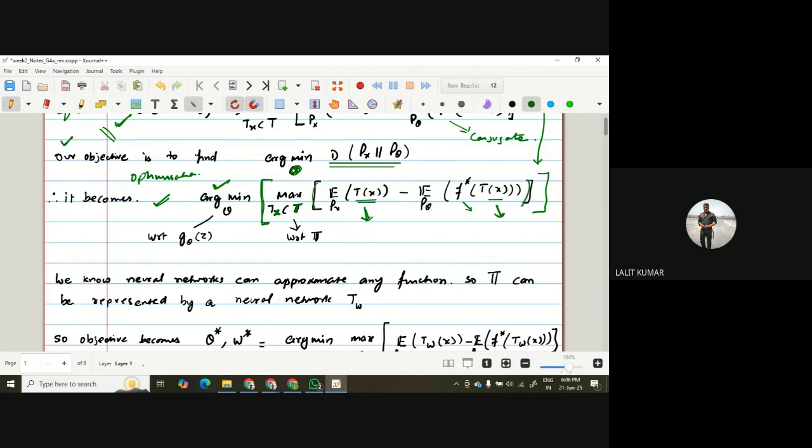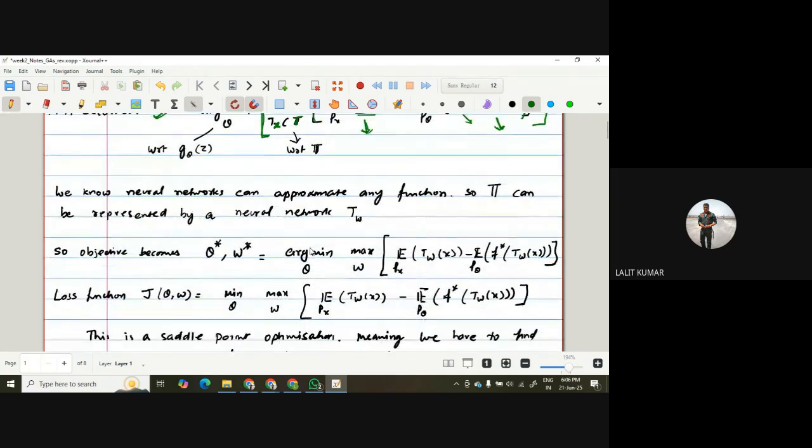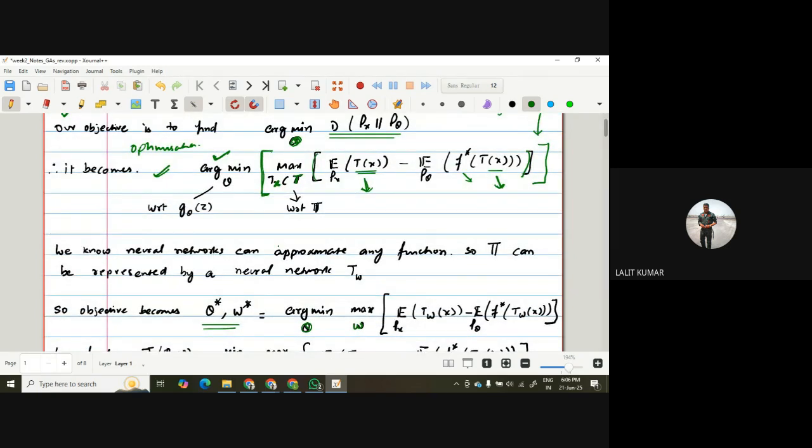So the objective becomes: theta star and w star is the argmin over theta, and maximizing with respect to w, where this T(x) can be written as T_w(x), meaning it is a neural network with weights w. Is this concept okay with everyone?